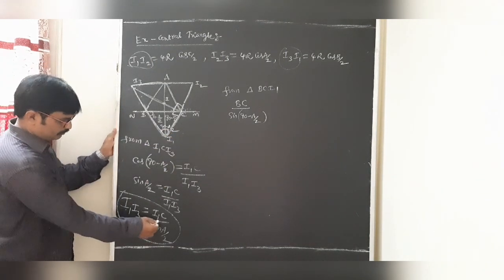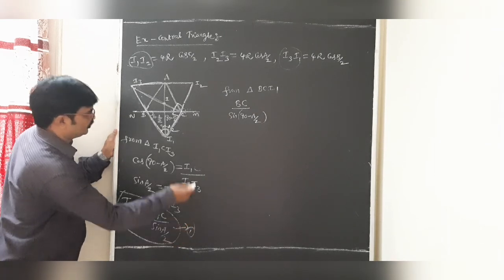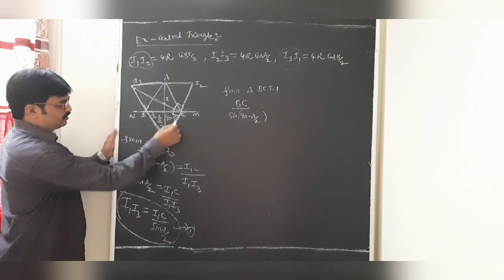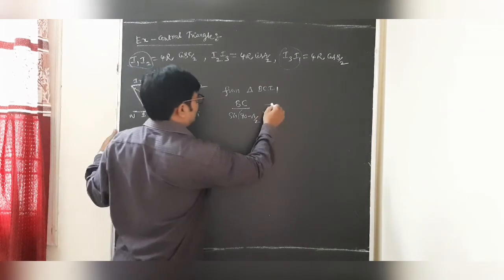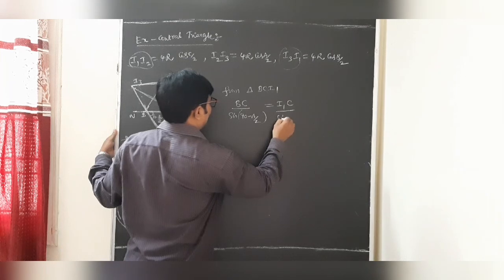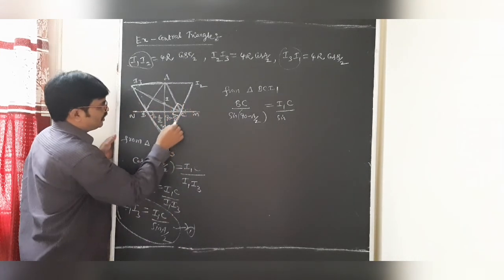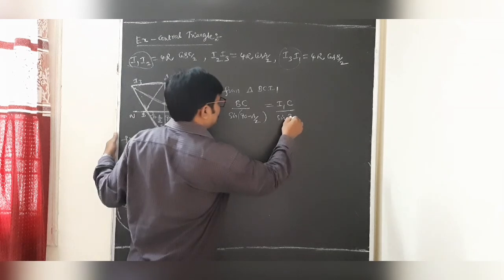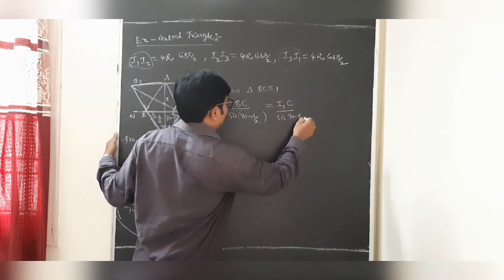But our required is I1C. So students, we can write BC by sine 90 minus A by 2, equal to I1C by sine of the opposite angle, which is 90 minus B by 2.